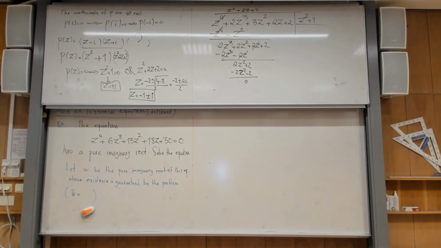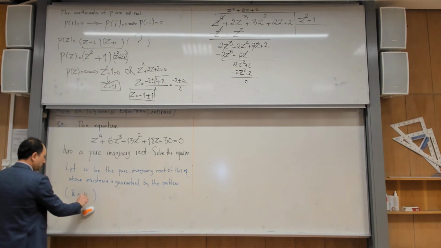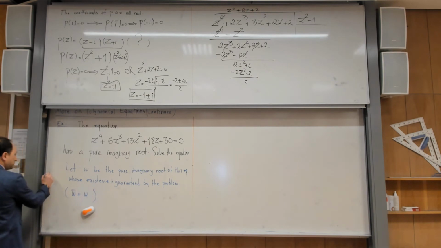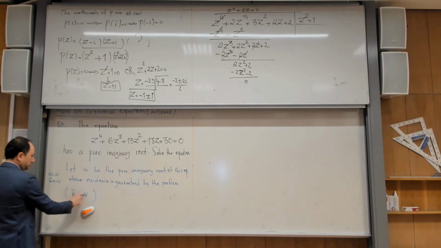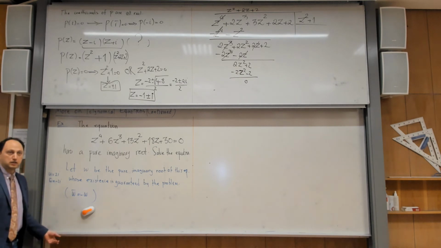So pure imaginary means, for example, 2i. There are no real parts, only imaginary parts. So W bar is minus 2i. It is minus W. When you say it's a pure imaginary number, it means that its conjugate is the negative of itself.